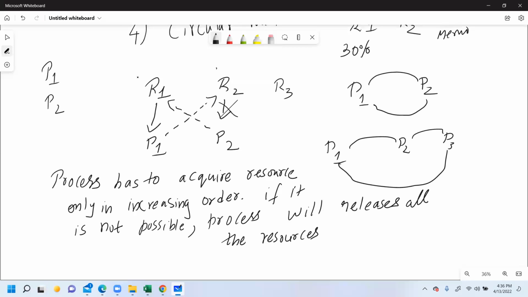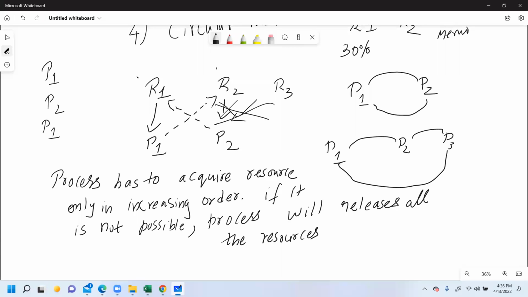Then the algorithm says that P2 will release R2. Even if P2 had acquired R3 also, let's say there is an R3, it is going to release all the resources. Then what happens when P1 gets scheduled? Of course, P1 is going to be scheduled.